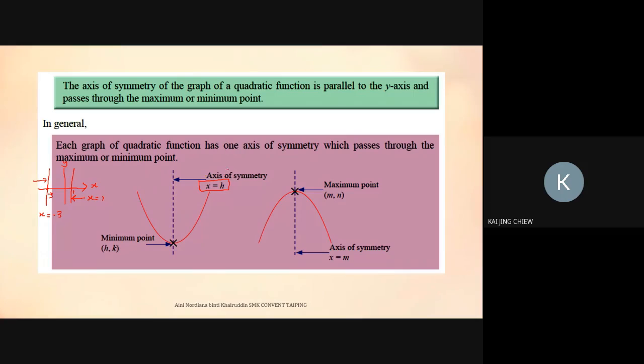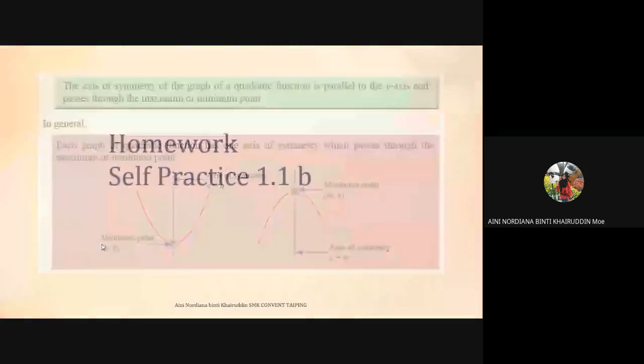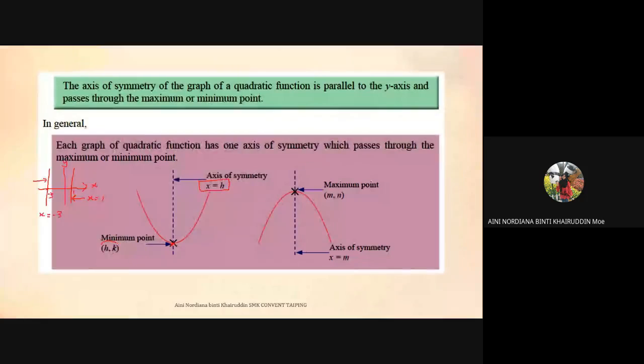So, how to find the equation of axis of symmetry? Dia tengok pada minimum point sebab this axis of symmetry passes through the minimum point. So, dia akan lalu dekat point ni, so dia punya equation kita ambil nilai x.